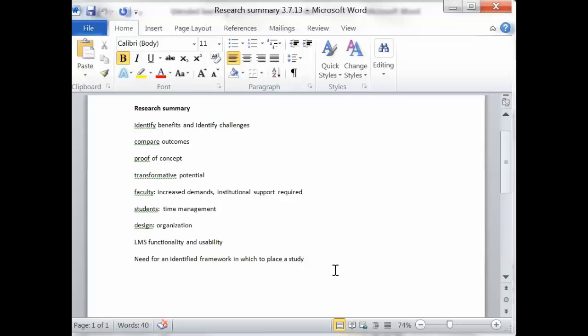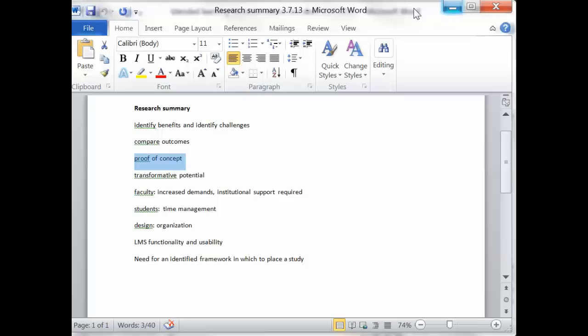And so what I did again with these categories is synthesize them into the most relevant categories for the literature review that I'm doing. Ultimately, I want to justify the research that's being done in my particular context. So if, let's say, this notion of proof of concept isn't so important to review the research on for my particular study, then it's one that I can leave to the side and focus on what I need to do.